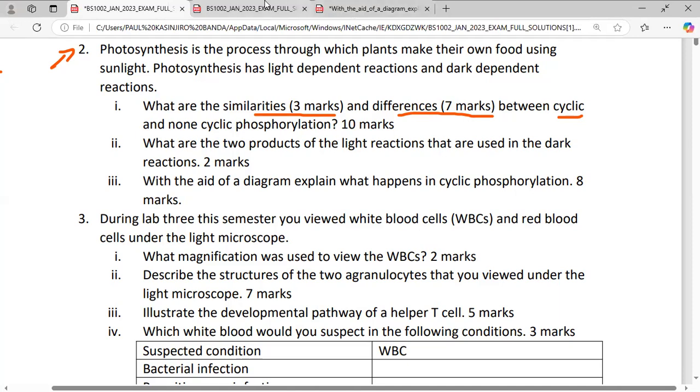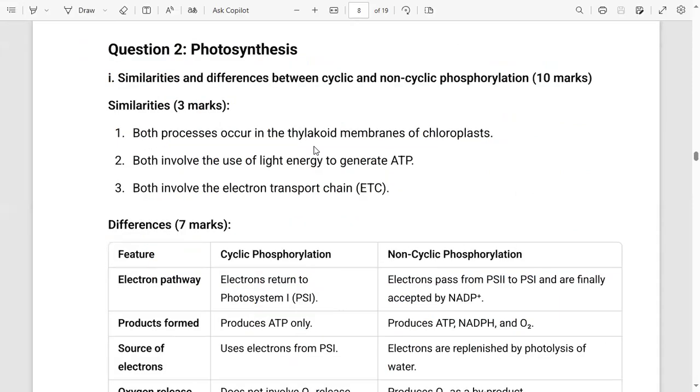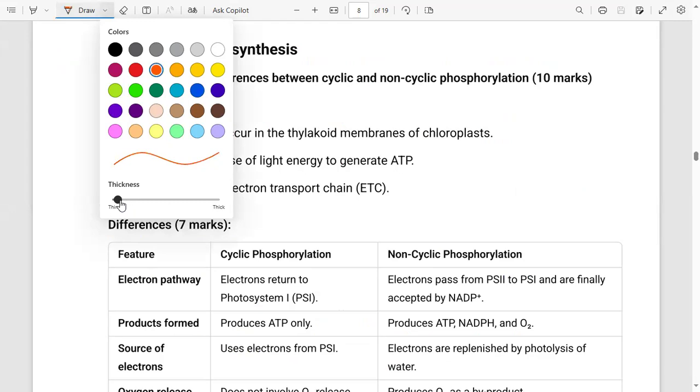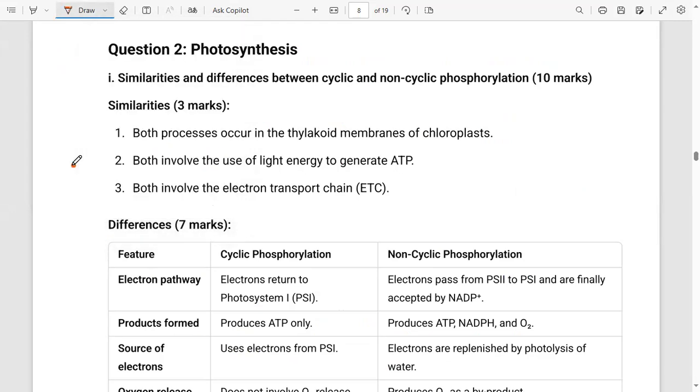So I've outlined them here, and we'll go through them step by step. When we talk about the similarities between these 2 processes, the cyclic and the non-cyclic phosphorylation, the first similarity is that both processes occur in the thylakoid membranes of the chloroplast. The second similarity is that both involve the use of light energy to generate ATP.